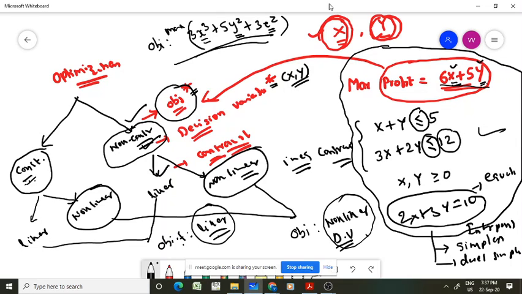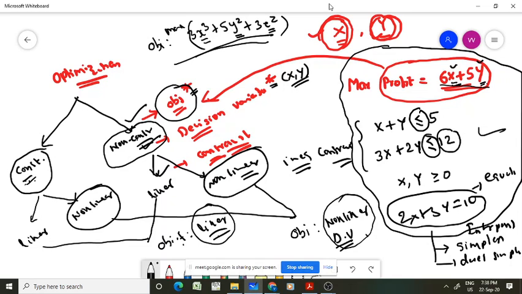Like that, different algorithms or optimization techniques are available in the literature to solve linear optimization problems. So the interior point method, simplex method, and dual simplex method are all called linear optimization techniques. These optimization techniques will help us to solve the optimization problem.